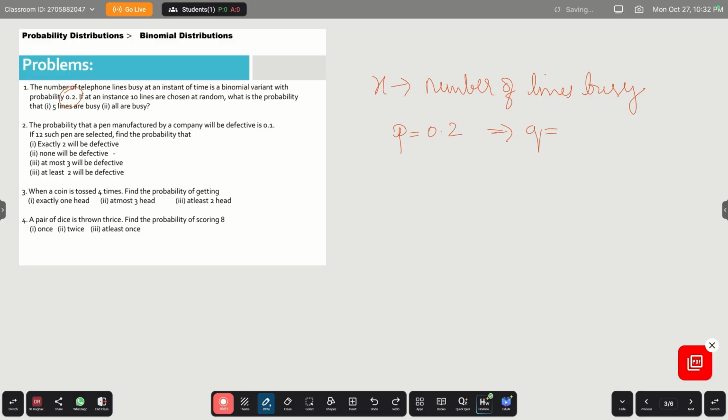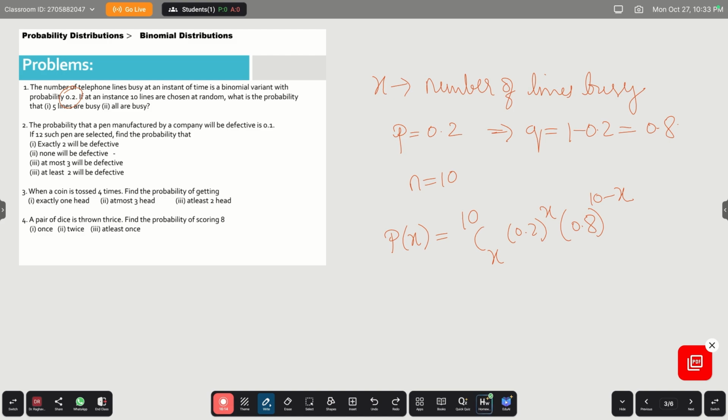Immediately you can get to know what is q. Q is 1 minus 0.2, which is 0.8. And you are choosing 10 lines. So n will be 10. So what will be your P of x? It is 10Cx 0.2 power x multiplied by 0.8 power 10 minus x.